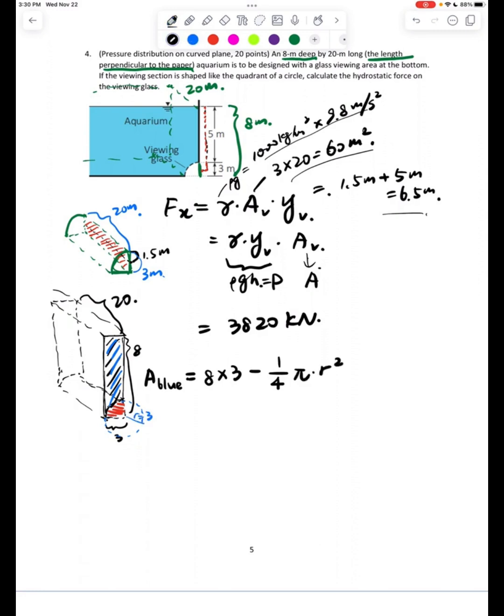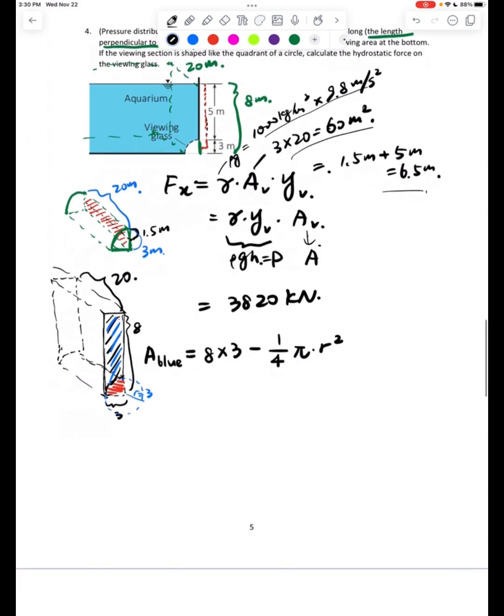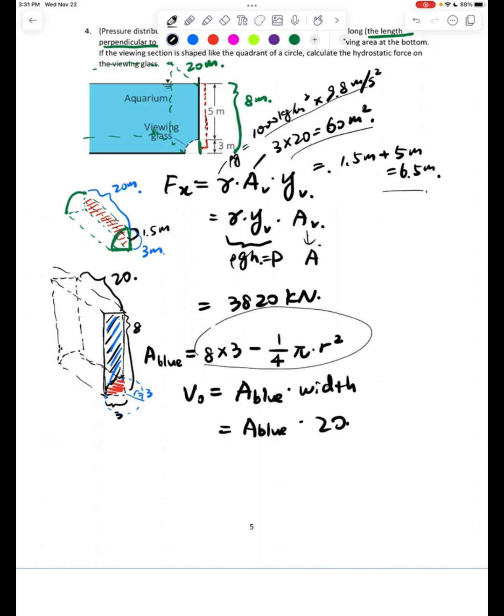So what you have here is your A, and then your V0 should equal A blue multiplied by the width or depth into the paper. It equals A blue multiplied by 20. So you substitute the equation of A blue to here and then multiply by 20.